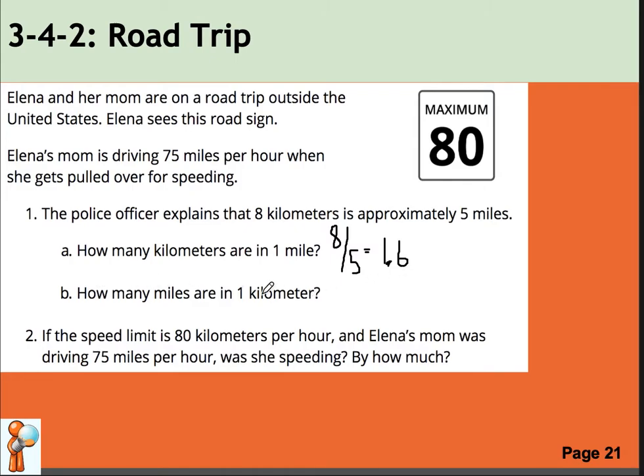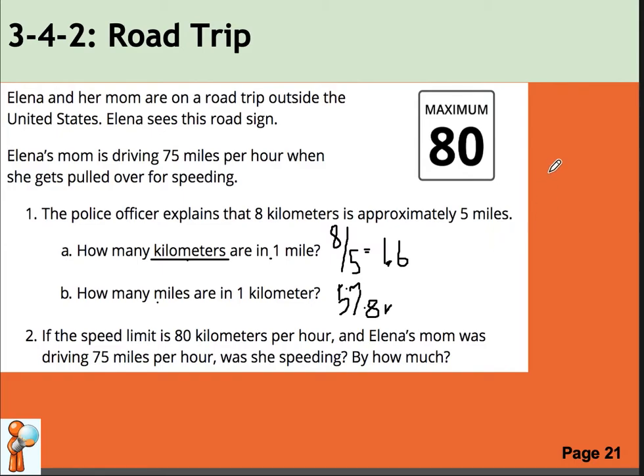So how many miles are in 1 kilometer? We will have our 5/8. So for miles in a kilometer, we have miles on top, kilometers on the bottom. For kilometers in a mile, you're going to put kilometers on top and miles on the bottom.